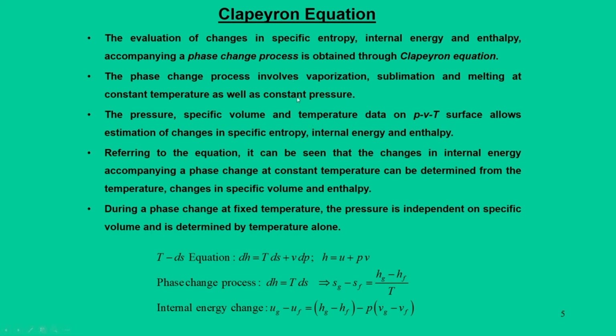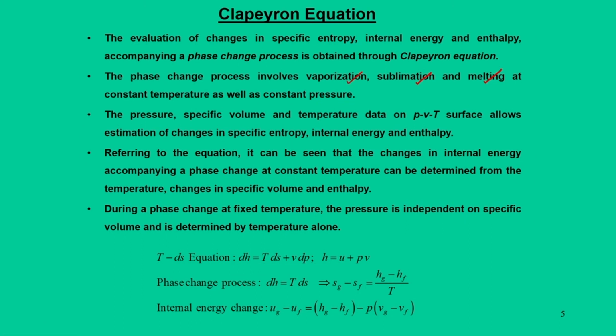Now, when I say phase change processes, it involves three things. One is vaporization, second is sublimation, third is melting. So, solid melts to become liquid. Sublimation means the solid goes directly to vapor. Vaporization means liquid goes to vapor.